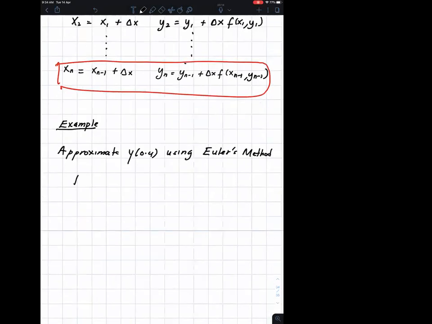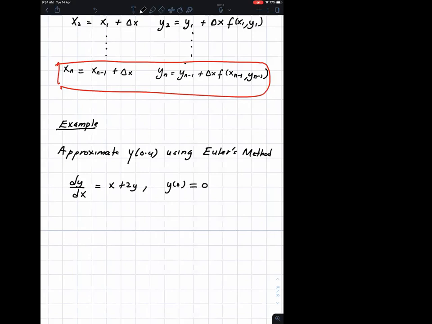You're also given dy dx is x plus 2y. And you're also given the initial conditions. Without these things, you won't be able to use Euler's method. These things must be given.